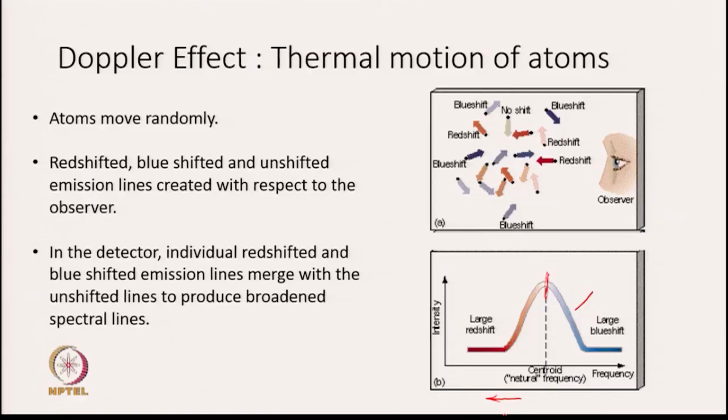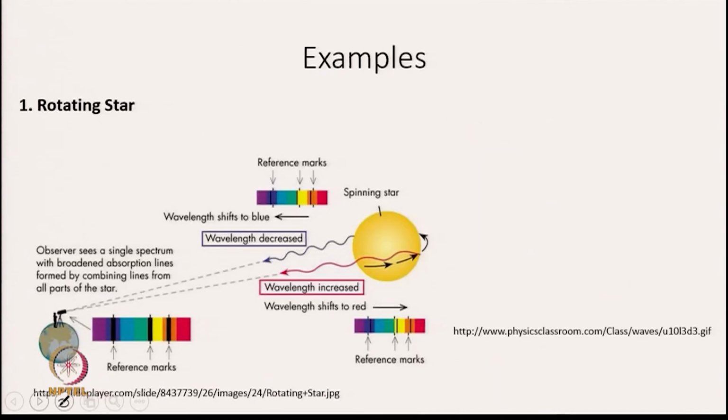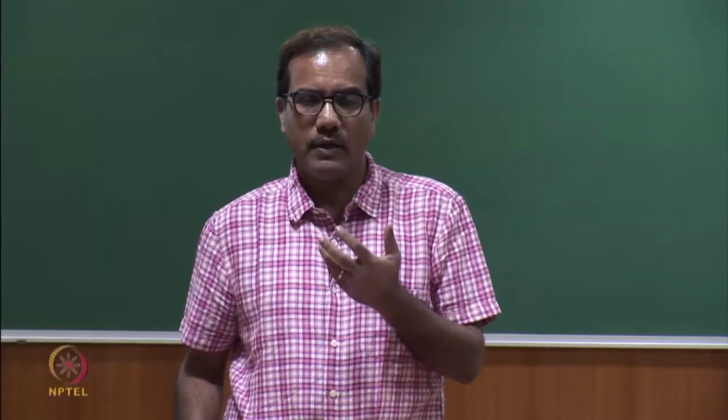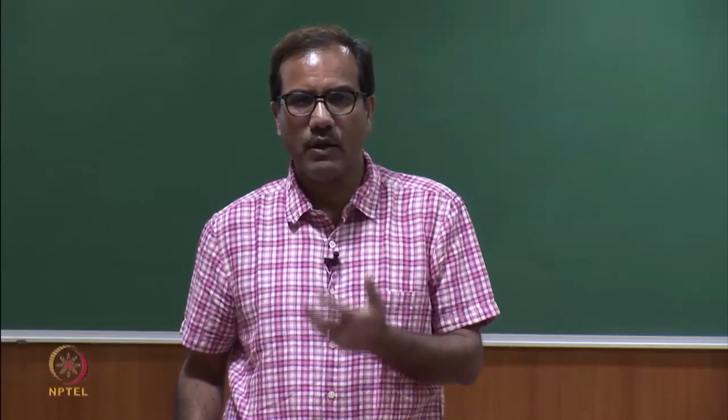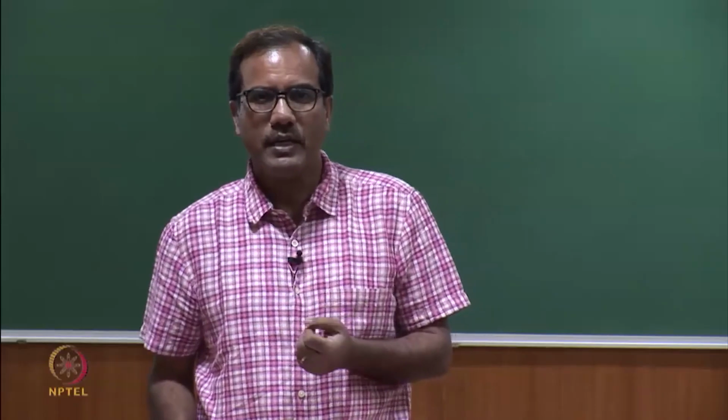In the detector, individual red shifted and blue shifted emission lines merge with the unshifted lines to produce broadened spectral lines.